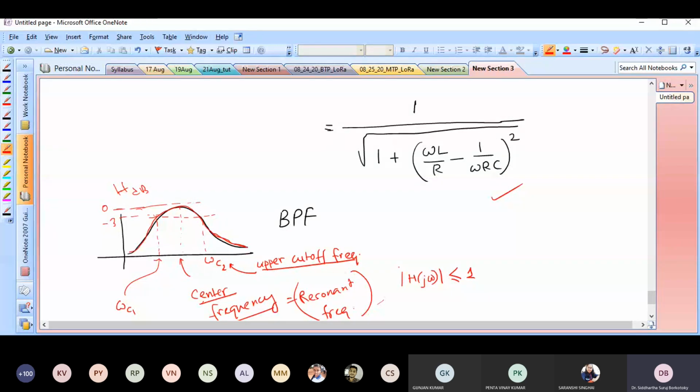It never exceeds 1, because to have H(jω) greater than 1, you need some amplification. Amplification cannot be done by these RLC components. So these are called passive filters.